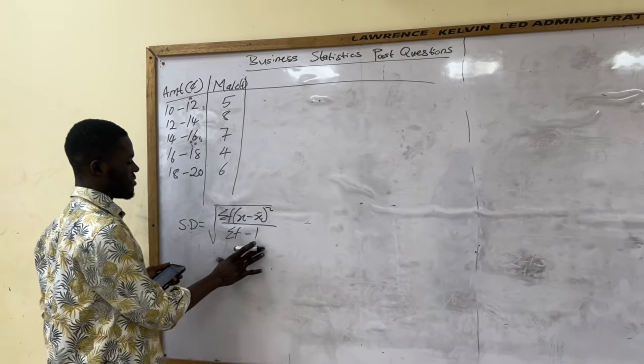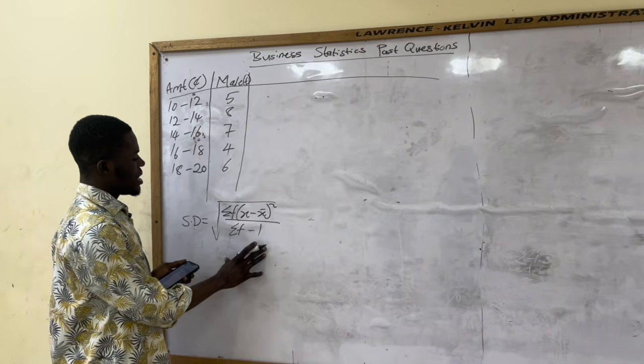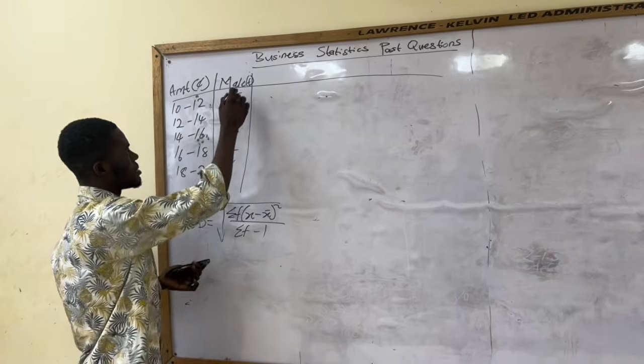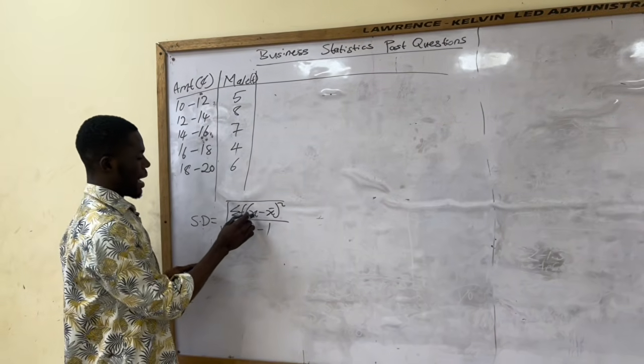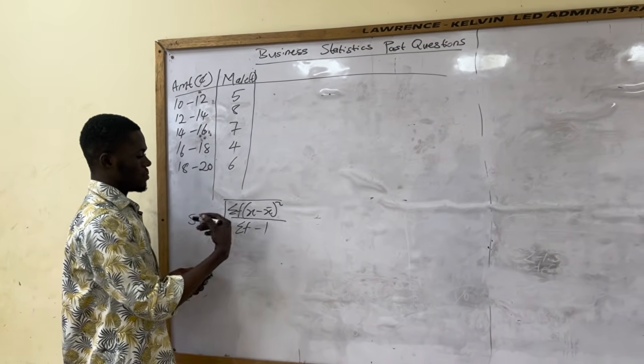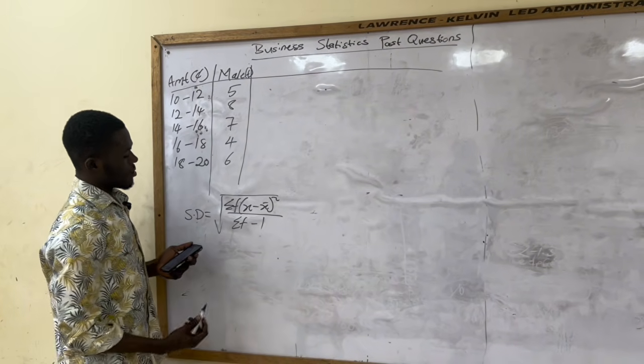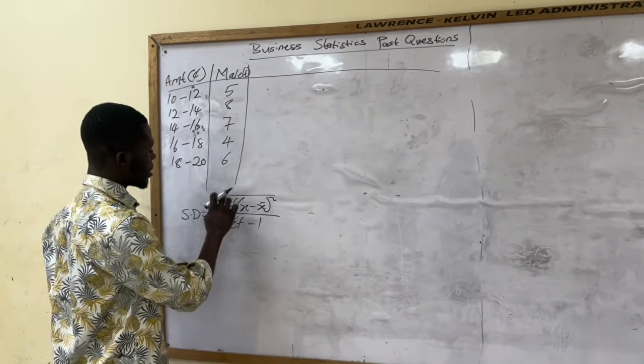So this is the formula, meaning we have to look for sigma f, which will be this. Then we look for our x. After that, we solve for our mean. Okay, so let's calculate for our x first.